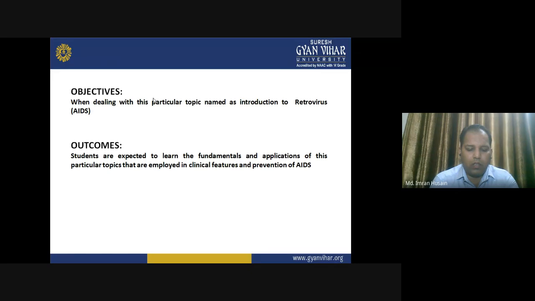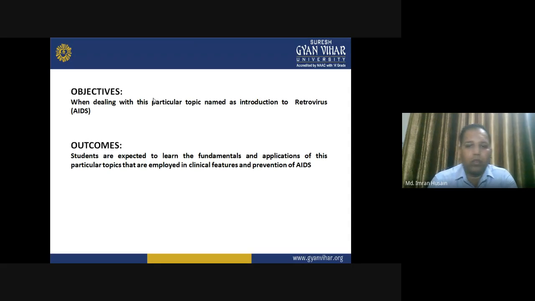The main aim is to understand the scenario and the details in a very clear manner, like what the basic things are that are essentially incorporated in the retrovirus scenario, and why it is called a retrovirus, and why it is so important for individuals and students of medical microbiology.